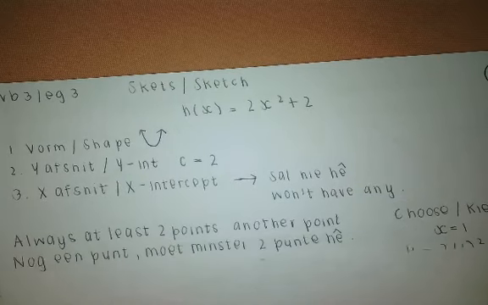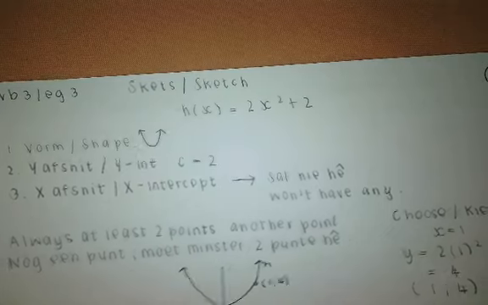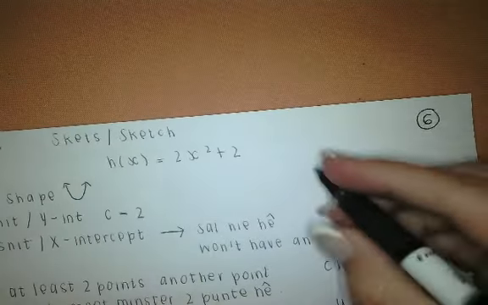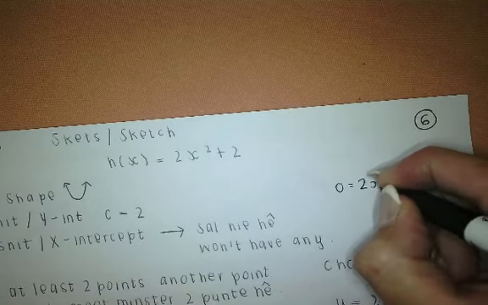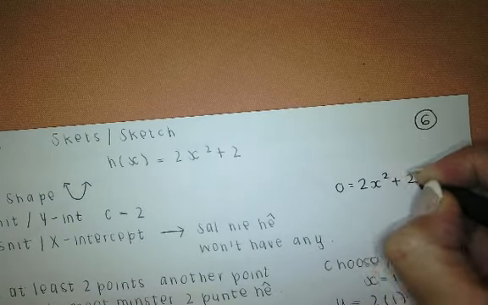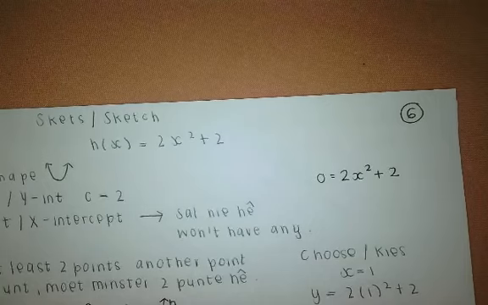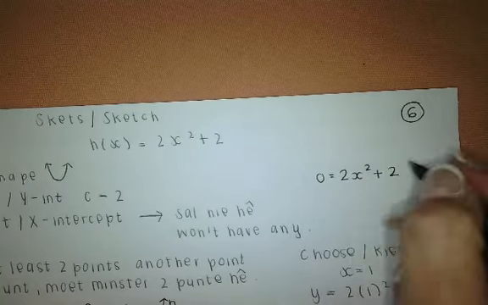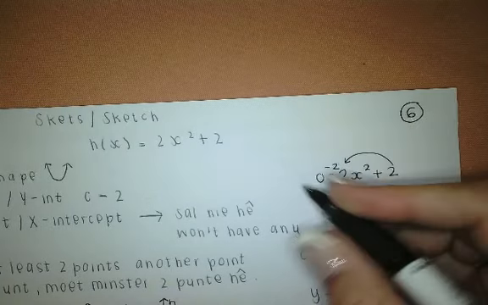Okay, let's do a calculation here on the side quickly. So we're going to say 0 is equal to 2x squared plus 2. You with me? We're going to solve now for x. Normally, take the 2 over, it becomes a negative 2.